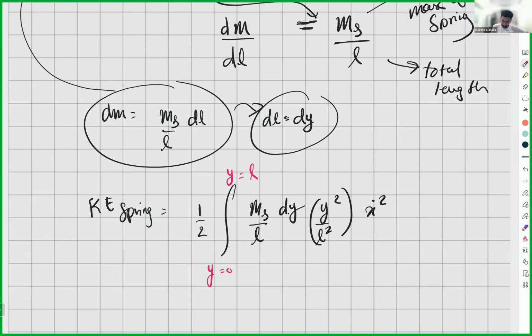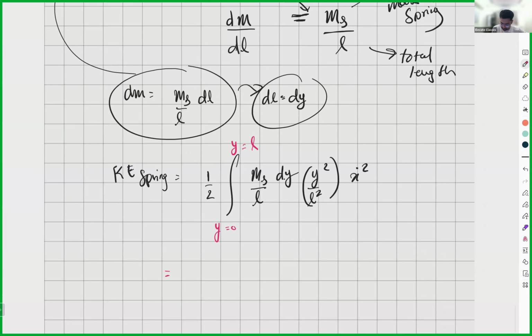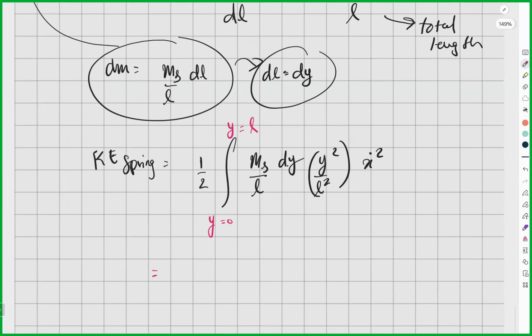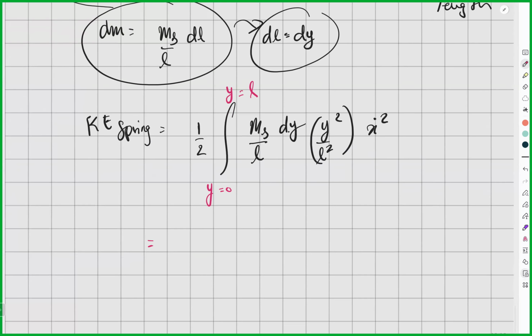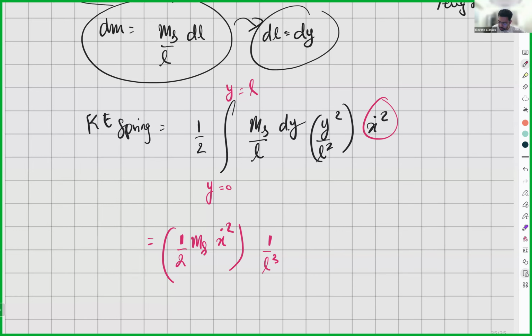I hope you agree. The x dot square can be taken as a constant, because the integration is only on the variable y, not on L or x dot square. So half ms x dot square can be taken outside, and there's a 1 by L cube which comes out of this expression, and the integral of y square gives y cube by 3, so L cube by 3 after putting the limits.